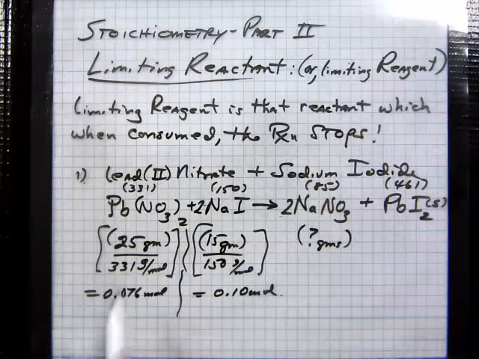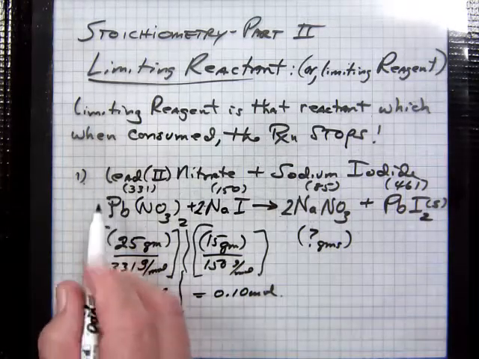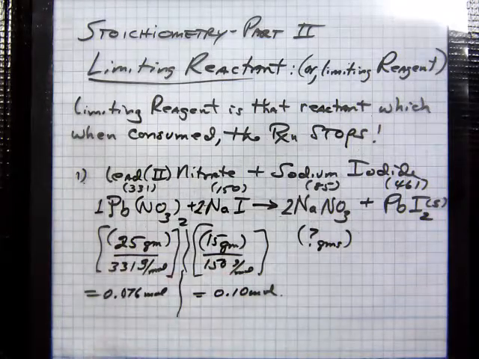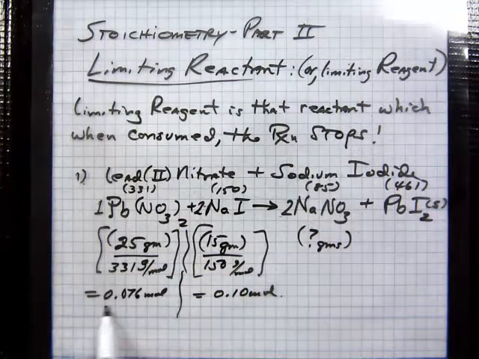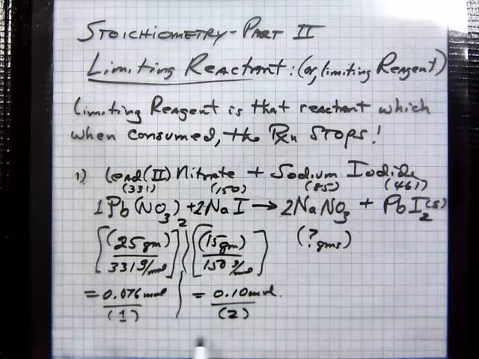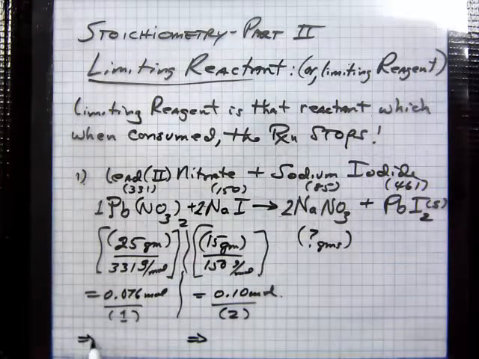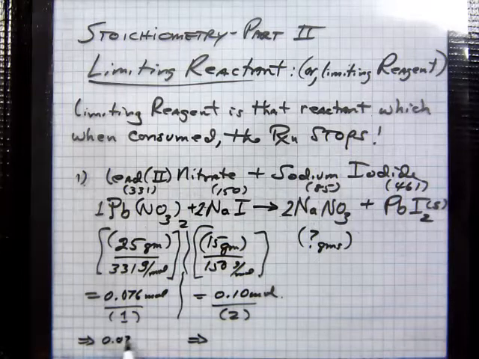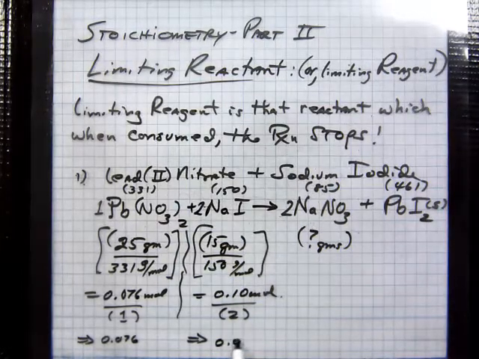Then divide by the respective coefficient. Well, this one is a 1 and that's a 2. So I divide this one by 1 and I divide that one by 2 and it gives me 0.076 and 0.05.